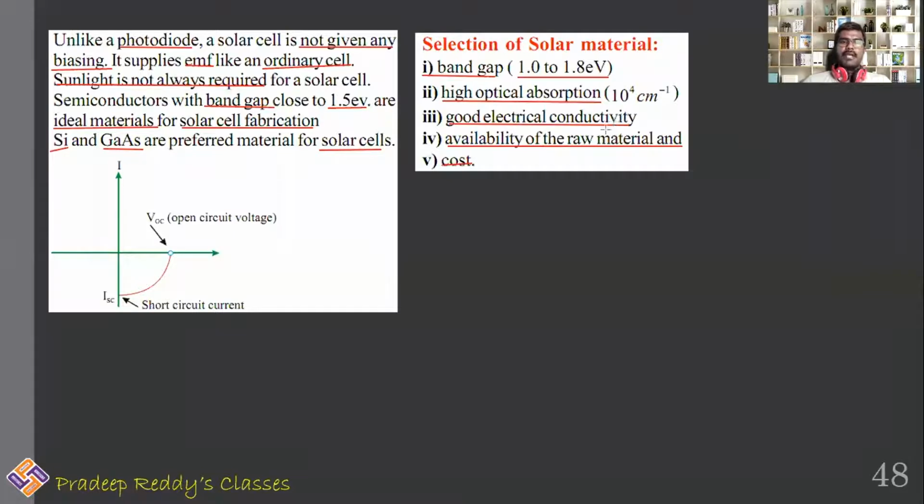And the VI graph plotted for the solar cell is in the fourth quadrant, because we are taking voltage from the solar cell. We are not providing voltage to the solar cell, we are not biasing it. So remember that a solar cell is not biased.